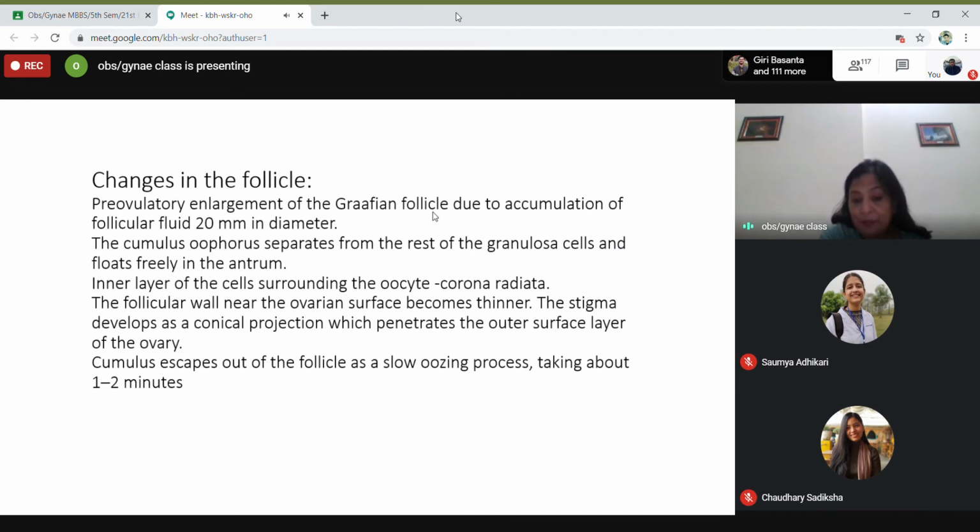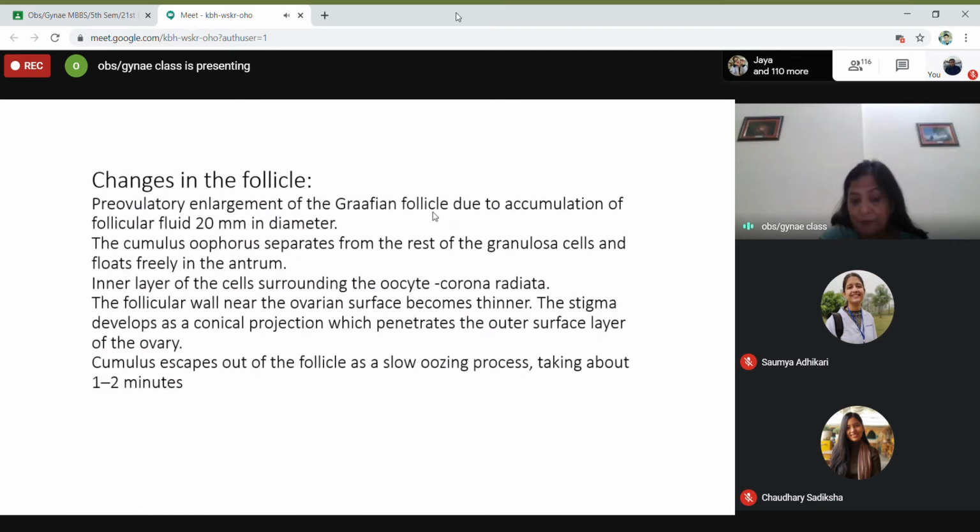In the Graafian follicles, there will be seen cumulus oophorus. This will separate from the rest of the granular cells and float freely in the antrum. The inner layer of the cells surrounding the oocyte is called corona radiata.